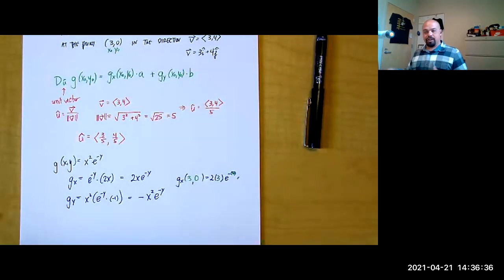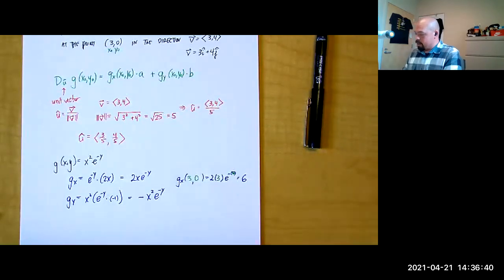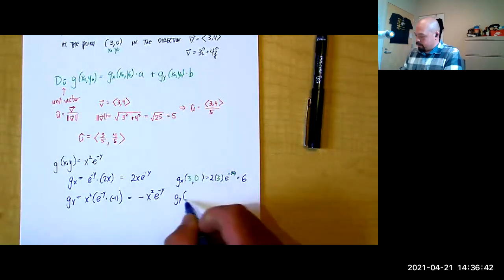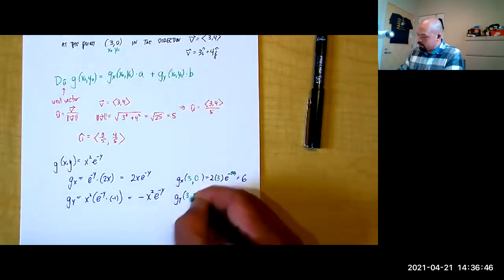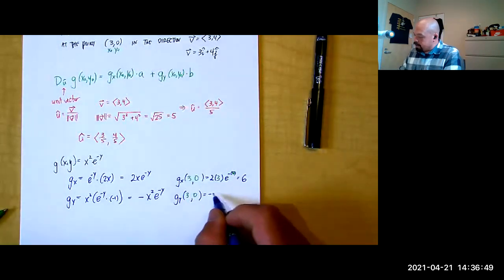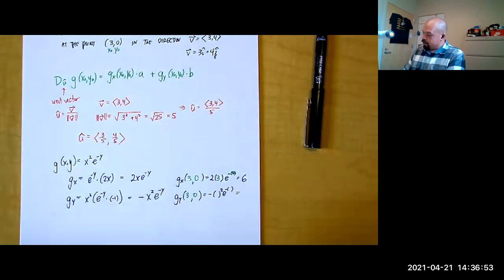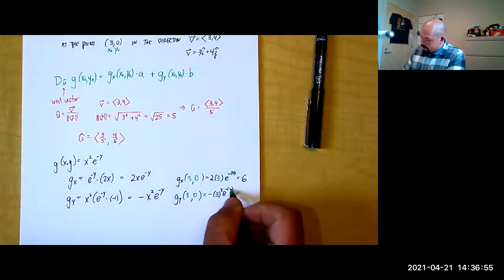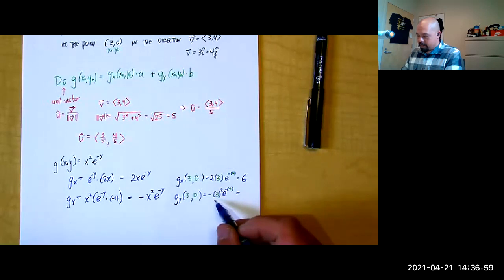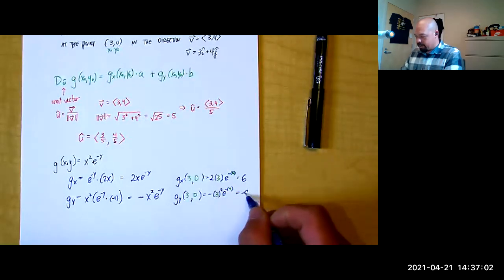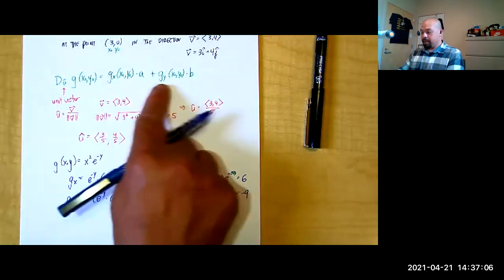There's no negative 0, which is 0. 1 times 2 times 3 is 6 there. G sub y at 3, 0. Negative 3 squared times e to the negative 0. 1 again. 3 squared is 9, negative 9. So there's my g sub x, g sub y components.